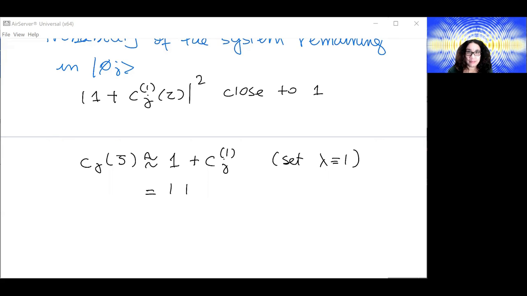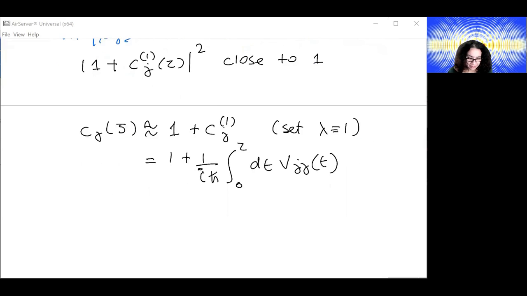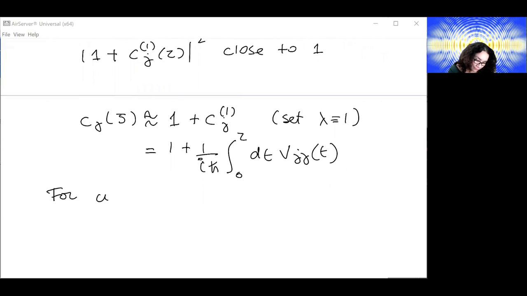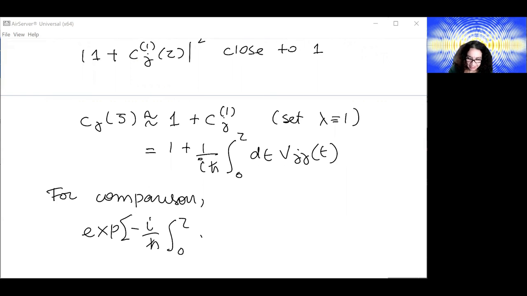you get 1 plus the integral from 0 to tau dt V_jj(t), which you could also say, okay, if I expand this to first order, because this is expected to be small, for comparison, you have e to the power minus i over h bar, integral from 0 to t d tau V_jj(t).